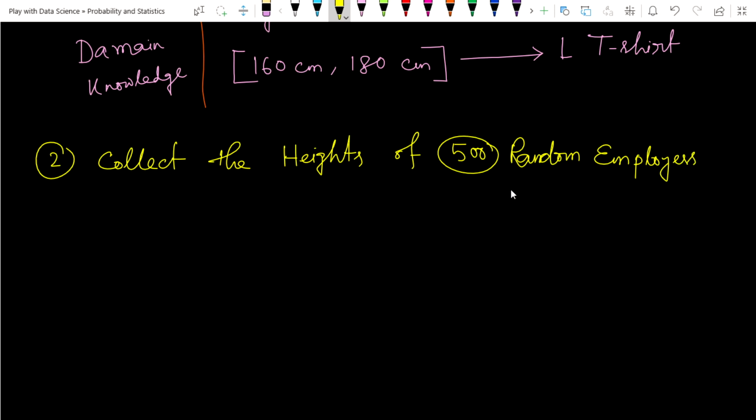We have selected 500 such random employees and we collect their heights.